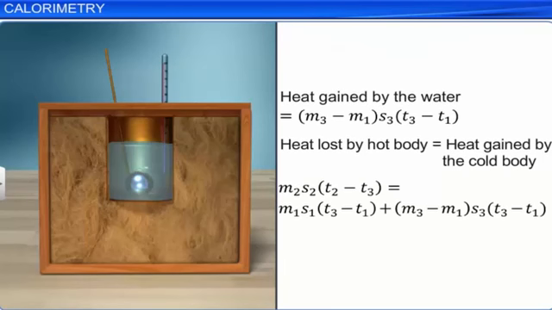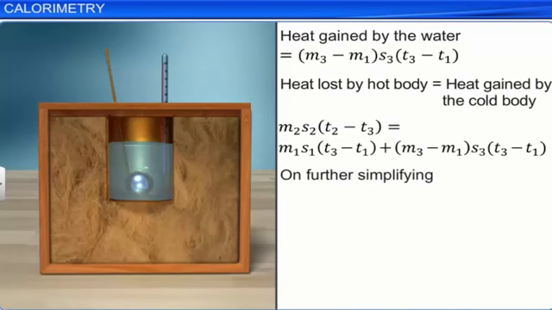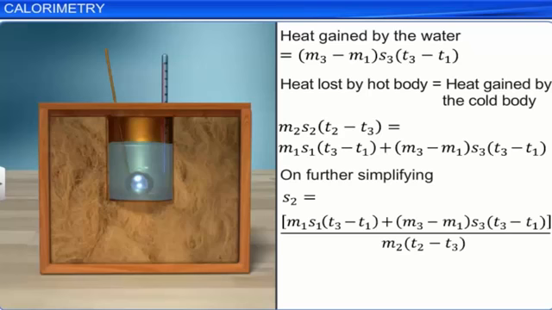On further simplifying, S2 equals [m1 S1 (T3 minus T1) plus (m3 minus m1) S3 (T3 minus T1)] by [m2 (T2 minus T3)].